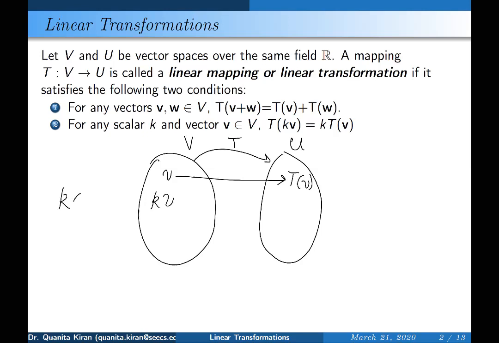So K is a scalar, and we scale this vector V with this scalar, and we transform this scaled vector under the transformation T, then the answer would be K times the image of V. So the transformation is linear if it doesn't make any difference whether we first scale the vector and then transform, or we first transform the vector and then scale it.